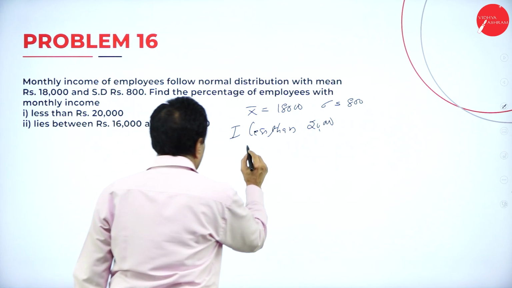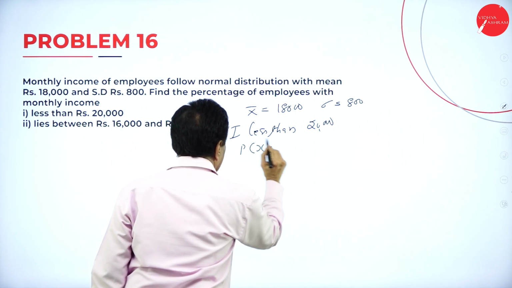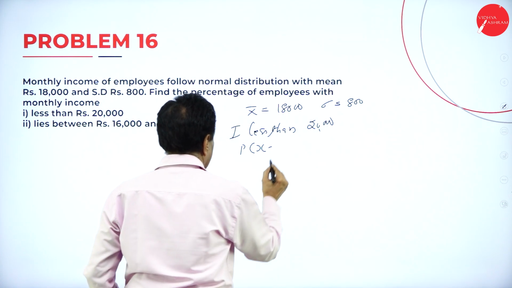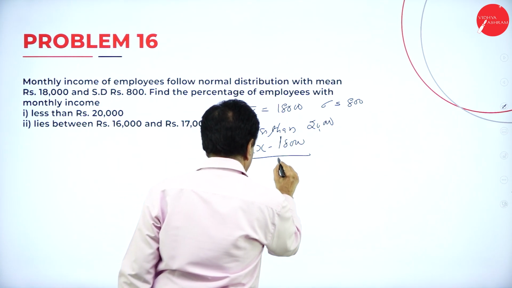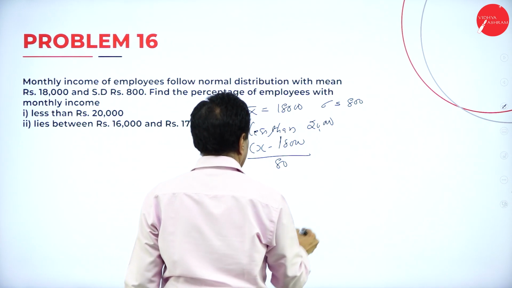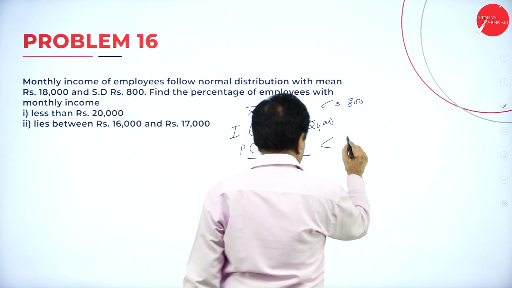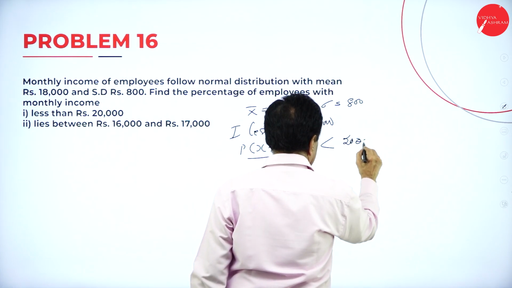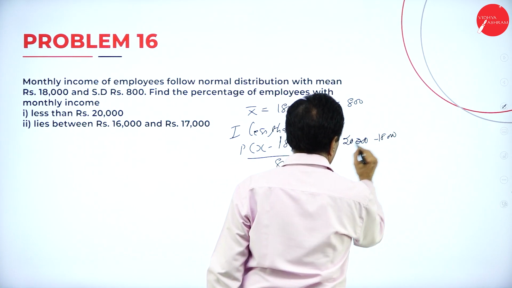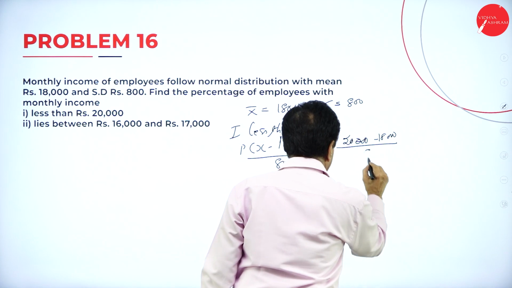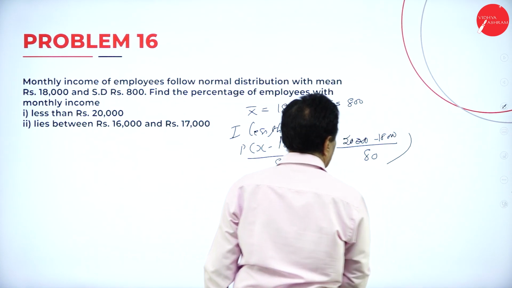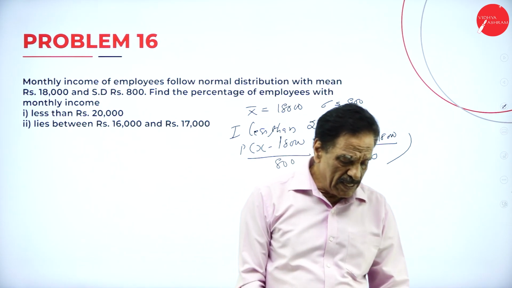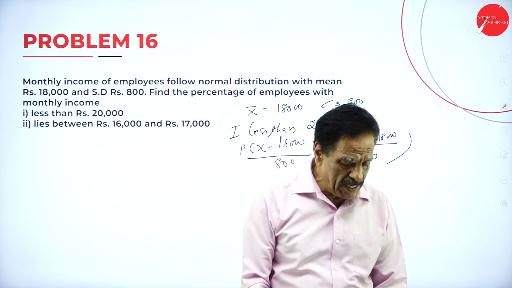So, X minus 18,000 divided by 800 less than 20,000 minus 18,000 divided by 800.